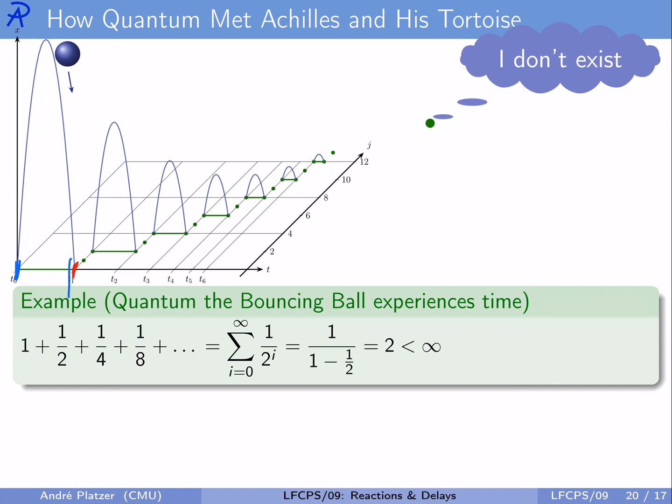But by the time Achilles is where the tortoise was a moment ago, of course, the tortoise will have gone on and will be here. Achilles will again run from this position to that one real fast, but after he reaches that position, of course, the tortoise will have gone on. Achilles will run again really fast, and when he reaches that position, the tortoise isn't there anymore. And so on and so on and so on.